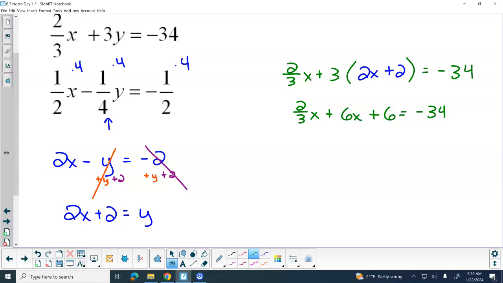Six and 2/3 is what I would get here for my x's, but that's going to be 20x over 3. Make it nice and pretty. I'm going to subtract 6 right off the start, and that's going to be negative 40.